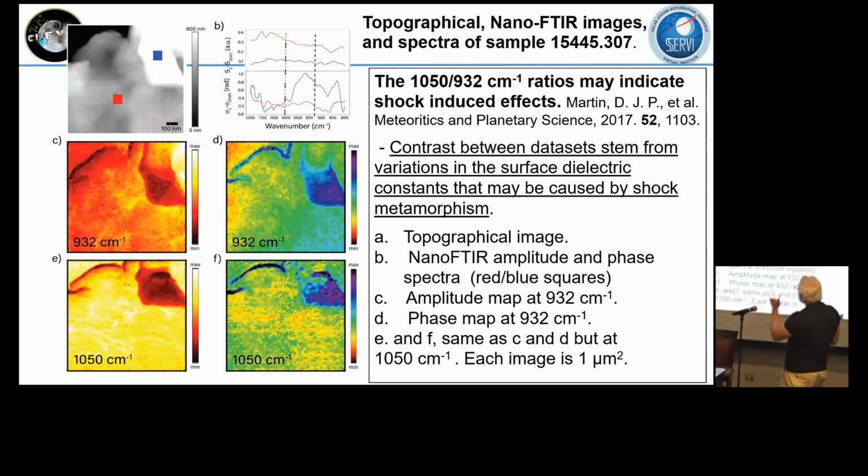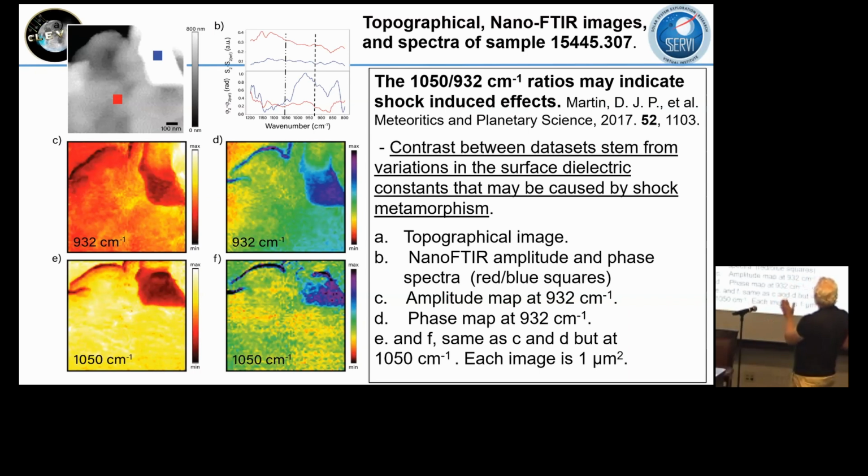And then we said, well, let's just lock ourselves on to these features, which were in this paper, and do a map. And then we can get a full topographical map at 935 wave numbers, 932 wave numbers, and see what this is telling us. And you can see that the contrast difference, so this is amplitude map, this is phase map, amplitude map, phase map, different frequency.